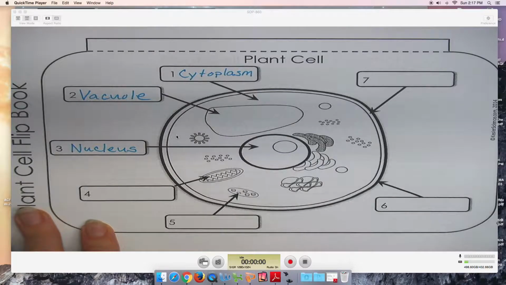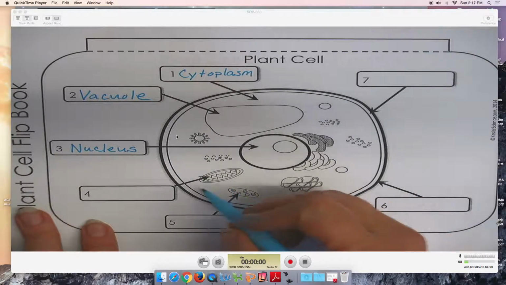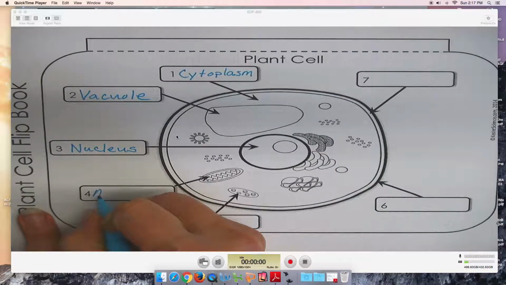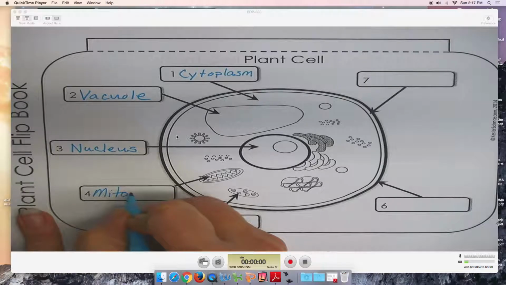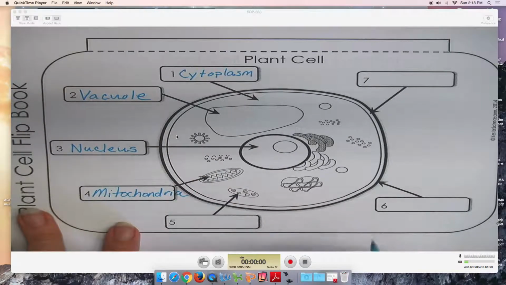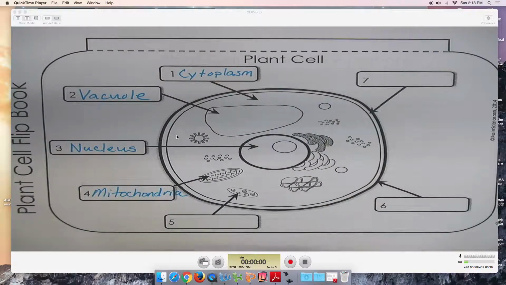Now we come to number 4, my favorite organelle. Got some M's in there. That's our mighty mitochondria. And the mitochondria are the powerhouses. They take the glucose, the sugar that's been extracted from the food that you eat, and they change it into a form that the cell can actually use.